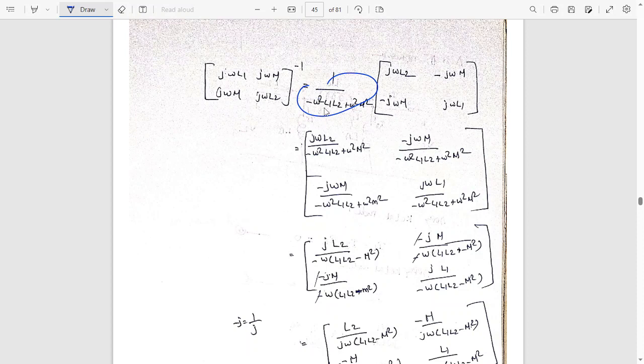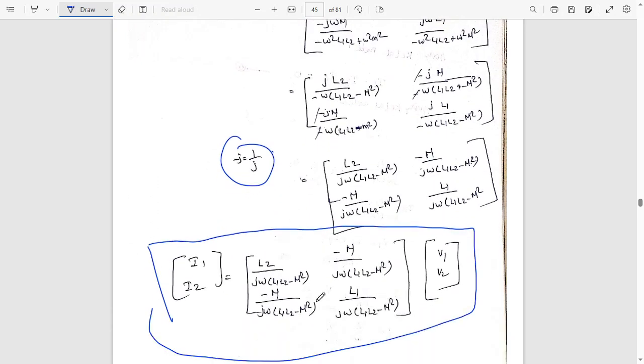The minus omega square L1 L2 plus omega square M square is taken in and will come as the denominator for all. Wherever I can cancel anything, I cancel, and I consider minus j as 1 by j, or 1 by j equal to minus j. Those replacements I have done, so I got a matrix like this in terms of I1, I2.